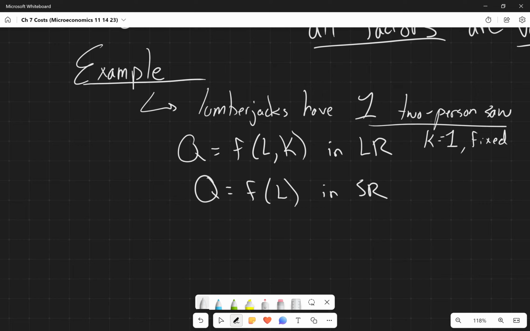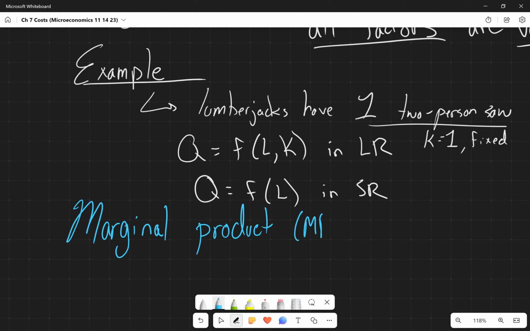And when we're looking at a situation like this in the short run, one of the important factors that we're going to need to calculate in order to make our economic decisions is this notion of marginal, right? We talked about how economics is a science on the margins, on its incremental analysis, right? So we're going to look at the marginal product here, the MP.